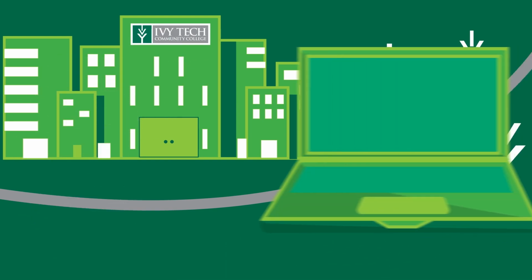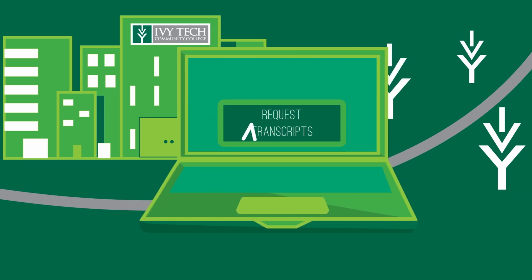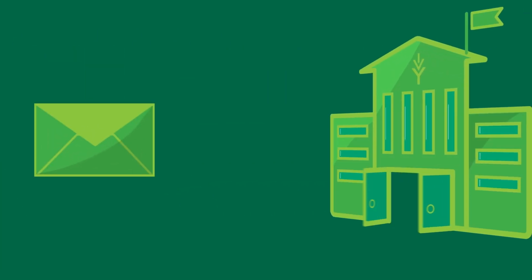If your previous institution uses a secure e-transcript service, you may request that your secure official transcript be emailed to transcripts@ivytech.edu. The e-transcript service is a very efficient way to have your transcript sent to us. In most cases, it arrives in our office the same day you request it.